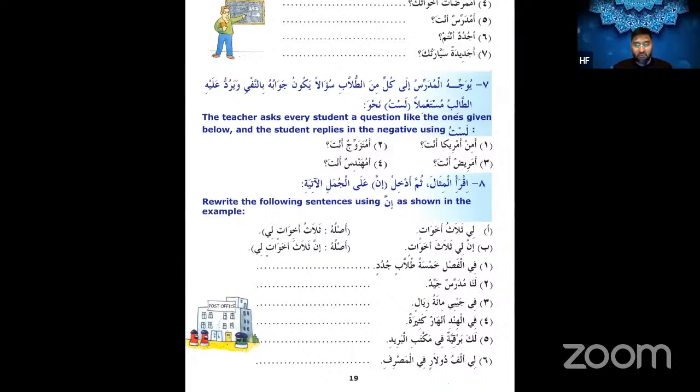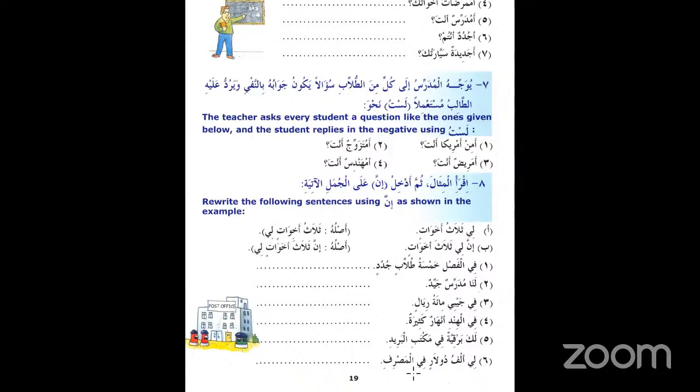Can you do the last one? Then I'll bring someone else. Number 6. Li alfo dollaren fil masrafi. I have $1,000 in the bank.